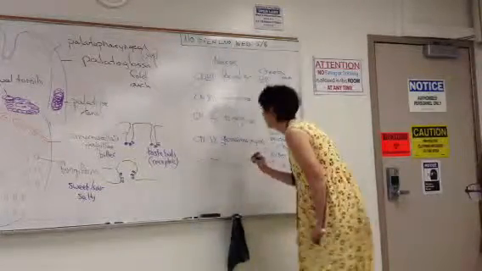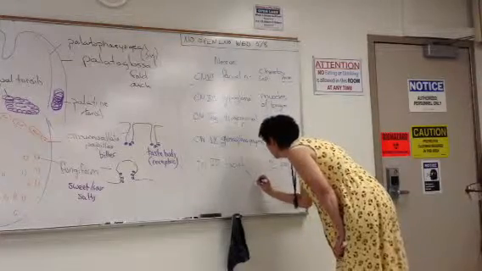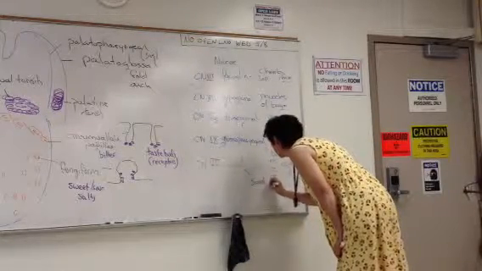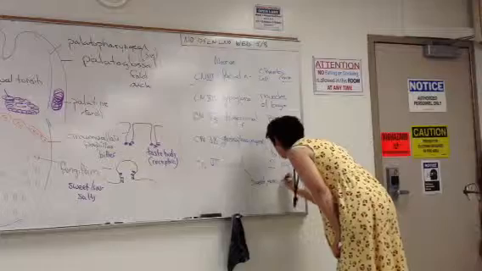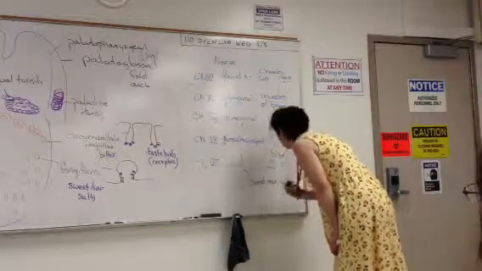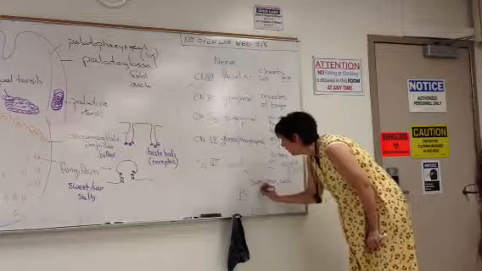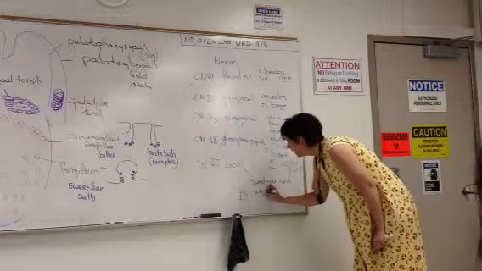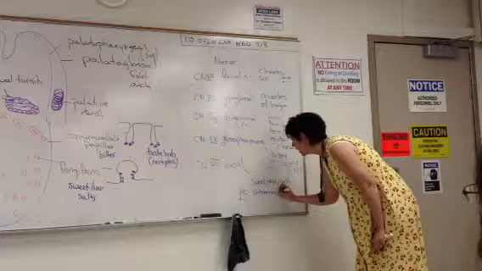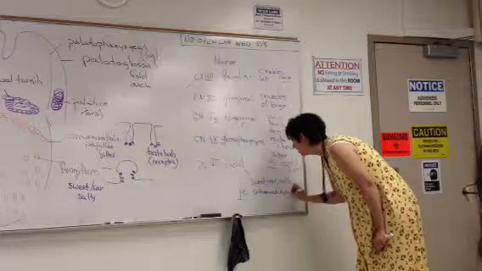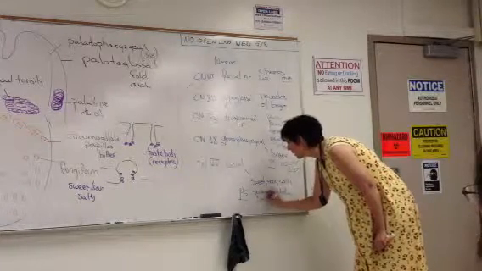Facial is going to do sweet, sour, salty, and it's also parasympathetic to the other two salivary glands that we'll talk about in just a couple minutes, submandibular and sublingual.